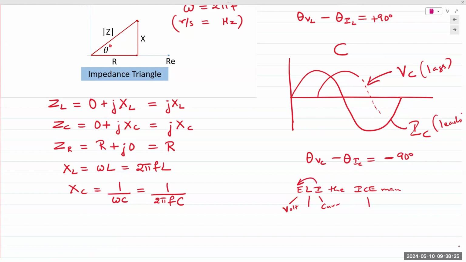For a capacitor, the current is ahead of the voltage. Okay, ELI the ICE man. When it's ahead, meaning voltage minus current gives you plus 90. There, voltage minus current gives you minus 90. The reason we are doing voltage minus current is because of Ohm's law.